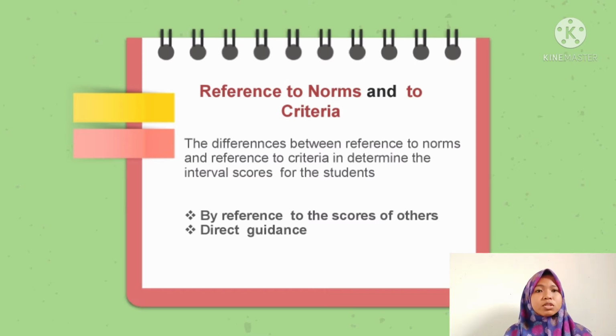If we talk about norm reference, it means we score our students based on reference to the scores of others, for example based on the average score of the class.